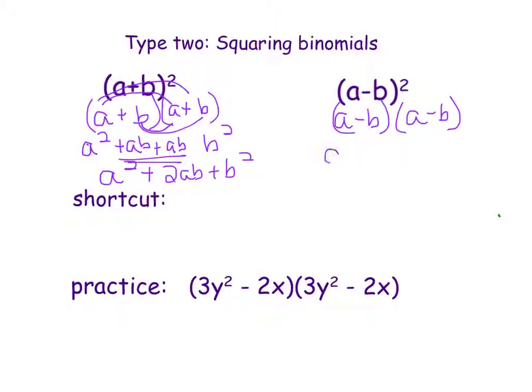So I square the first, I multiply the two terms and double it, so a times b and doubling it, and then the opposite of b, or negative b times negative b, is a positive b squared. And this is negative because this would have been a negative ab plus a negative ab. So we multiply and then multiply that by 2 to get our term in the middle.